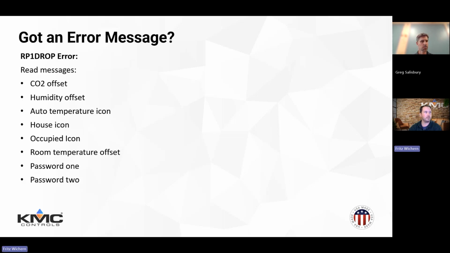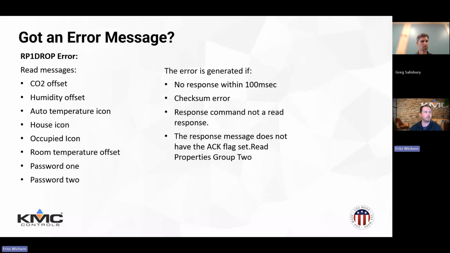A couple error messages you may see in some of the responses of what it may come back as. Some of you may have seen an RP1 drop error on your NetSensor display.